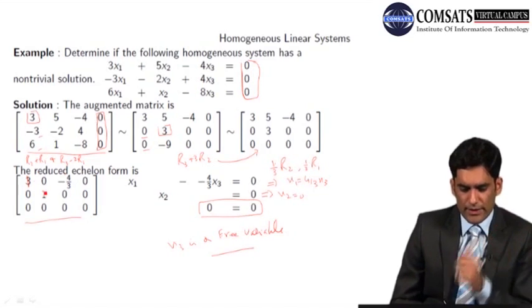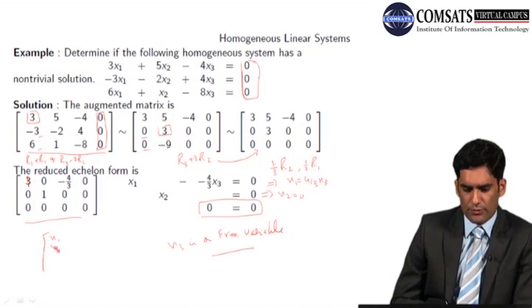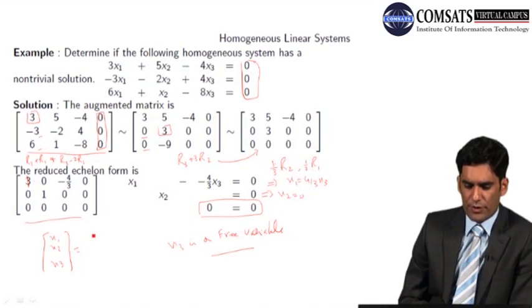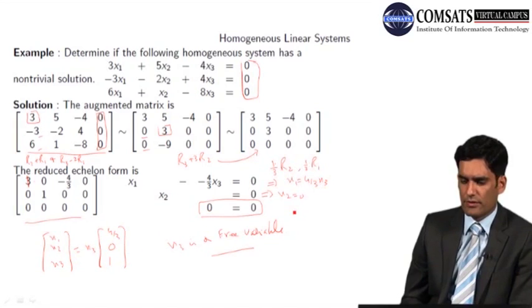In fact, I can write the solution set. I can write this solution set x1, x2, x3 in terms of the free variable x3, such that this is the vector I have to find out: x1 equals 4 by 3 x3, x2 equals 0 and x3 equals x3, and x3 is a free variable.